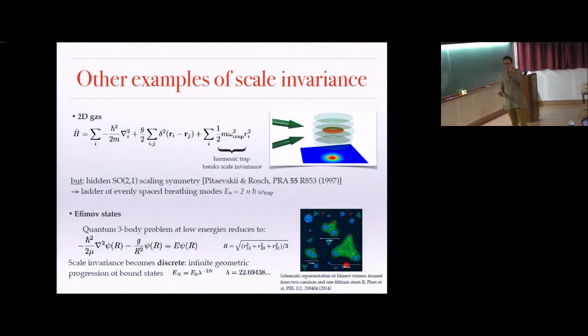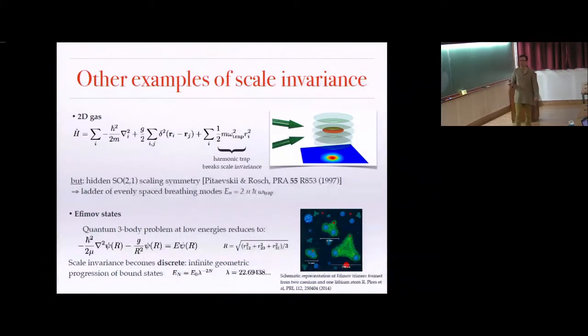And another famous example of this is the Efimov state. So this is a situation where you have 3 very loosely bound, originally nucleons, and you look at the lowest energy of the problem. You get rid of all of the angular dependence, and you reduce everything to an S-wave state, and then the problem can be reduced to a single effective Schrodinger equation.